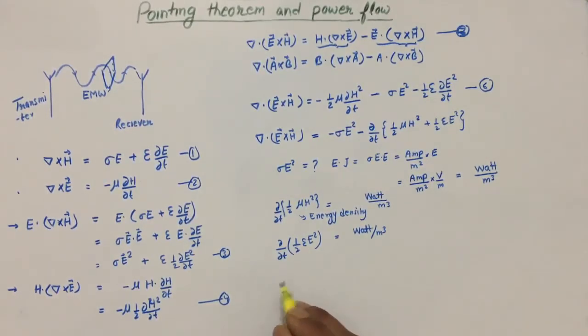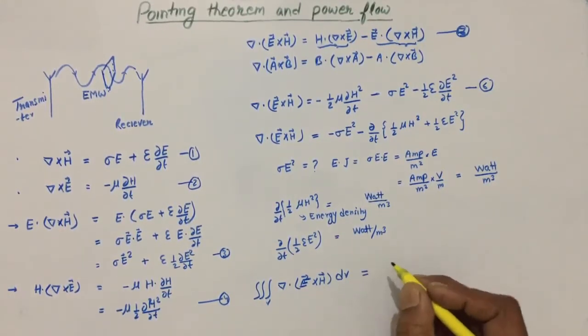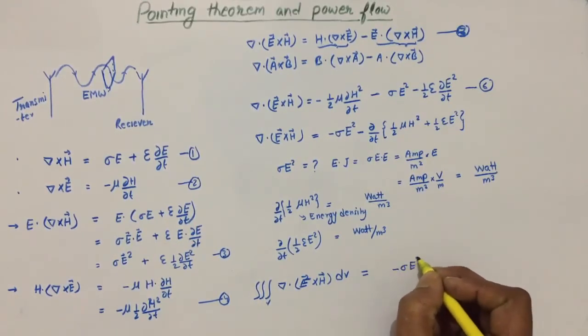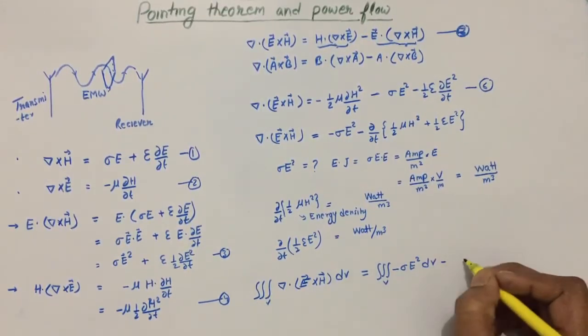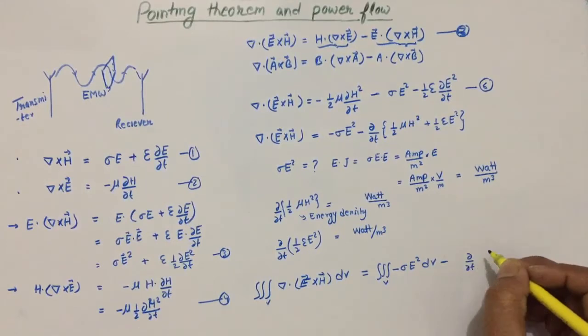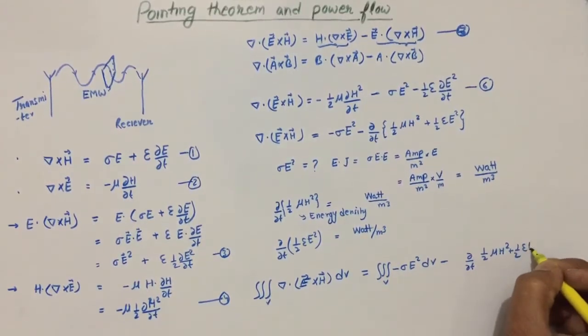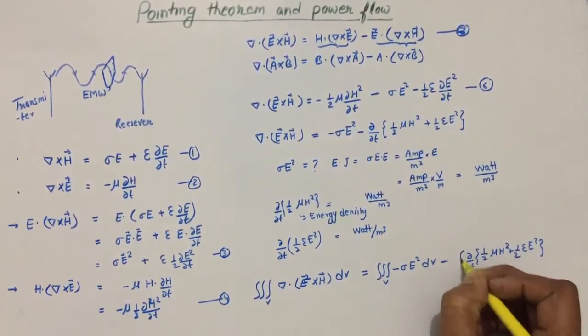So let us do that. For that purpose we will take del dot E cross H and integrate this over a given volume dV, which is equal to minus sigma E square dV over the given volume, minus del over del t of half mu H square plus half epsilon E square over the given volume.